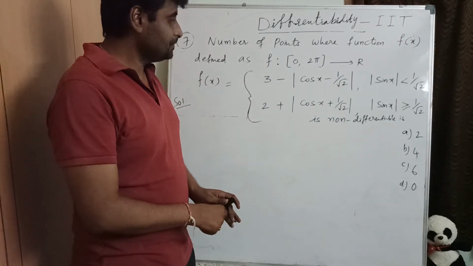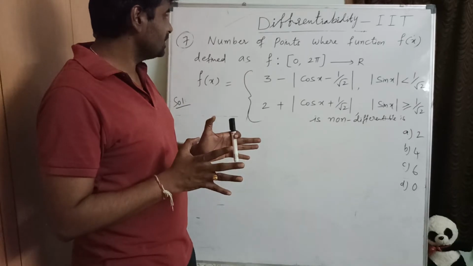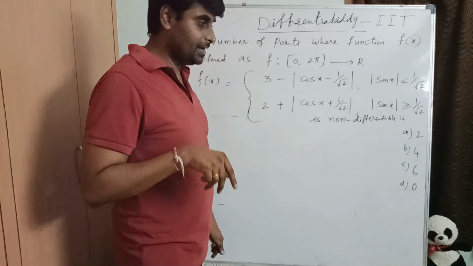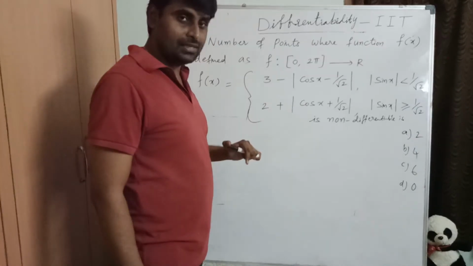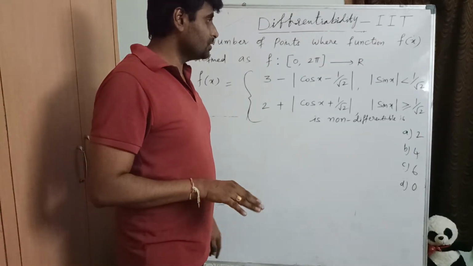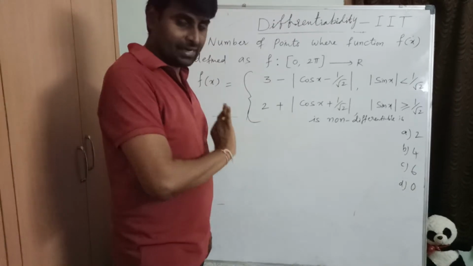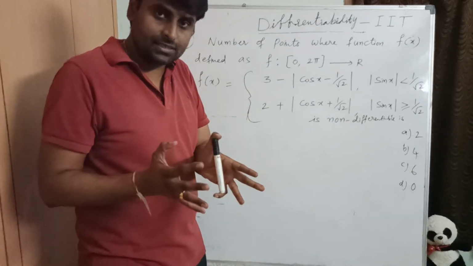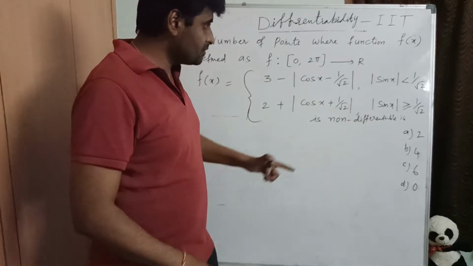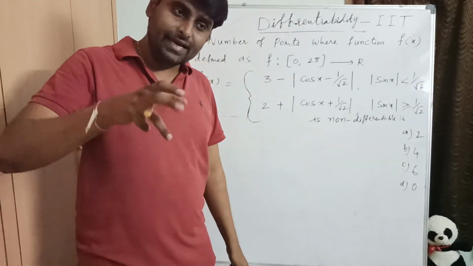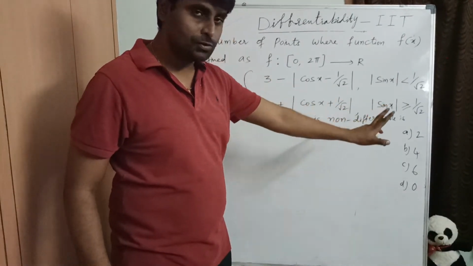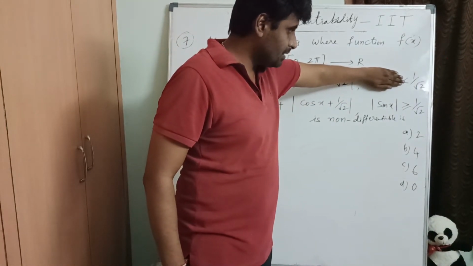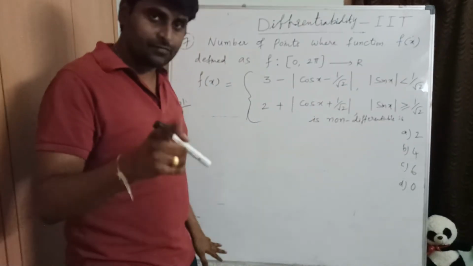Correct? Generally most of the problems look difficult from the outlook, but whenever you go forward to solve them, they will be very easy. Everything will become easy just by practice. See here, generally if the function is given in terms of x, then limits will be x less than 1 by 2, x greater than or equal to 1 by root 2, like that. Because if you are given x greater than 1 by 2, x less than 1 by 2, the function also must be in terms of x.